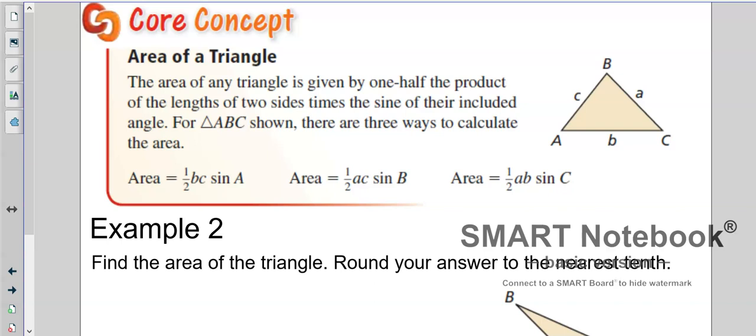So remember, included angle, let's look at this first one, all right? A, angle A, right there. That is formed by B and C, all right?